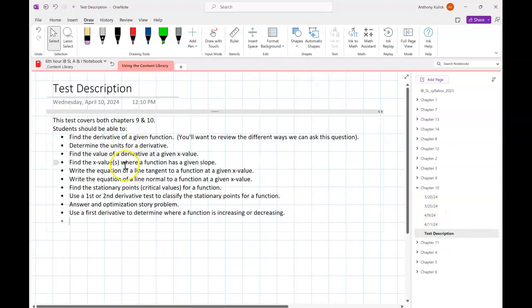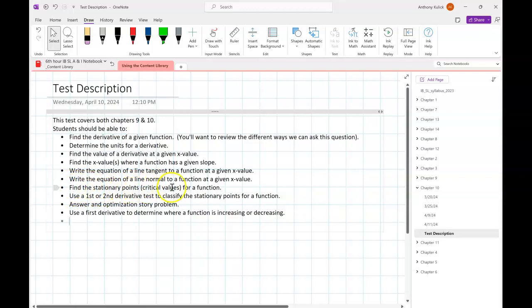That's pretty easy. Write the equation for a line tangent and line normal. Again, if you can do one, you can do the other, right? The process is the same, just the way you find the slope for the normal is the negative reciprocal of that of the tangent. And the slope for the tangent just comes from the derivative, whatever x you plug into that.